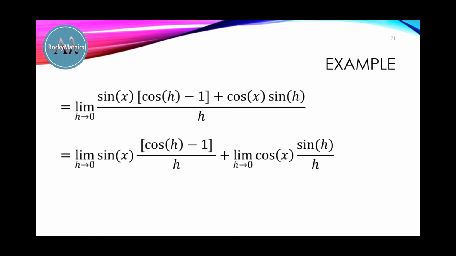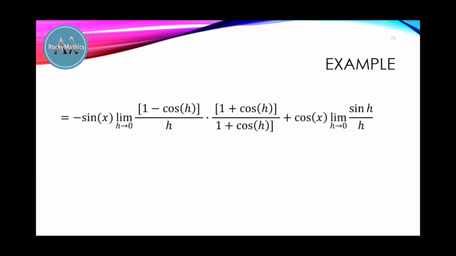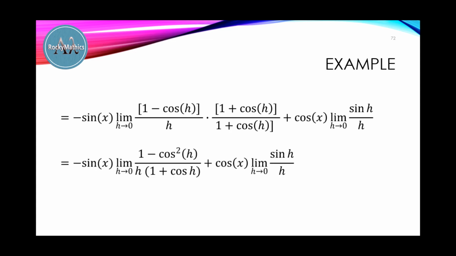Take note of that. Now we have sine x, this expression here. In the previous expression, we have cosine h minus 1, but we can also rewrite that by putting a negative sign in front. So this is still the same.